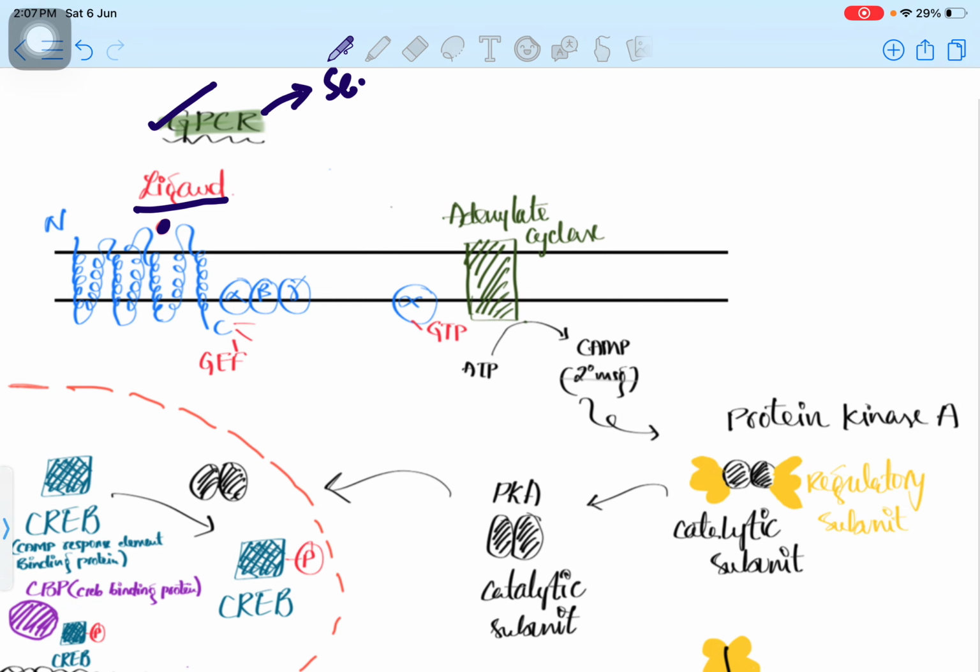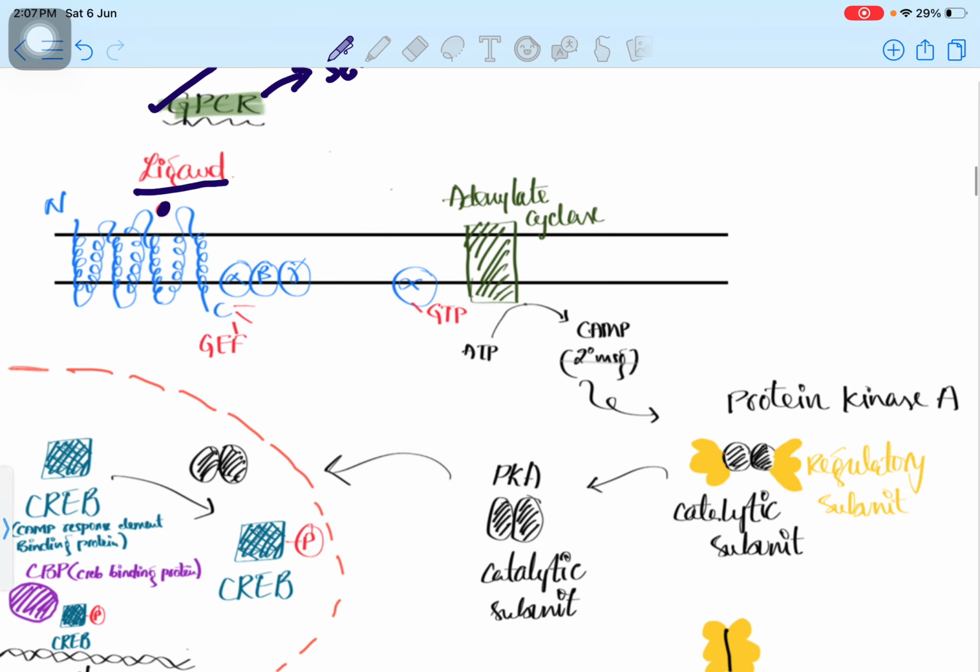So whenever the GPCR ligand attaches on the E3 and E4 loop center, what will happen on the C terminal? GEF is going to get activated. If you remember, GEF activation means it has the ability to add the phosphate, meaning it will form GTP. So GTP will attach on the alpha subunit. You can see here the GTP gets attached on the alpha subunit.